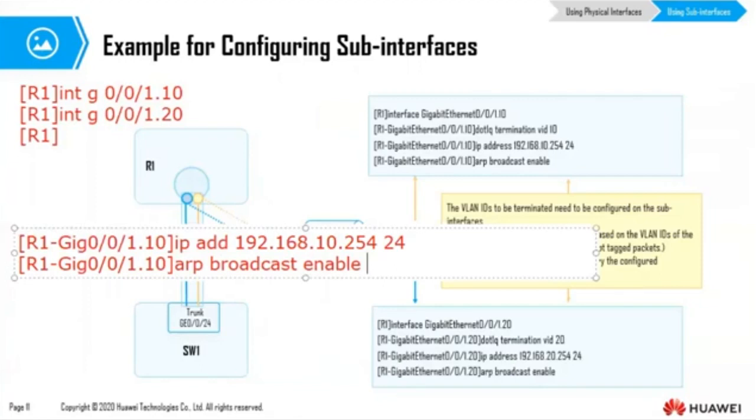Yeah, but if you want this layer 3 interface to be able to accept broadcast packets so that it can respond with the MAC address of, for example, the gateway, then this is the command to do that. ARP broadcast enable.